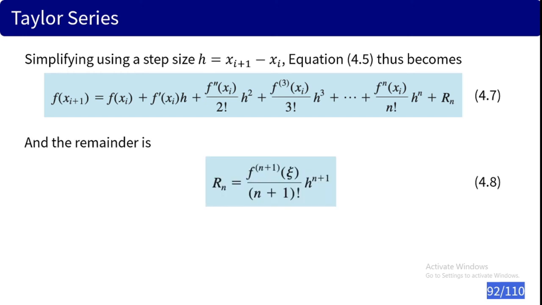And the remainder therefore, the difference between the values of the current and previous approximation, is replaced by h raised to the power of n plus 1, hence equation 4.8.